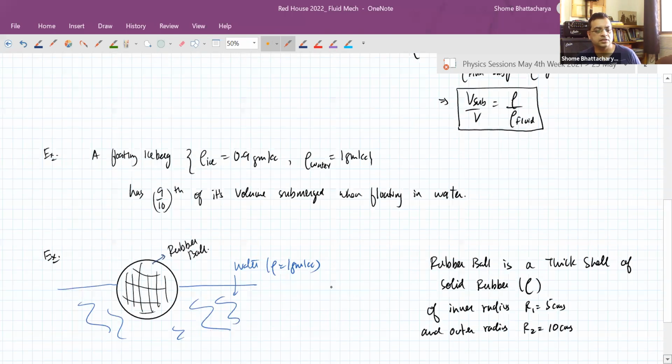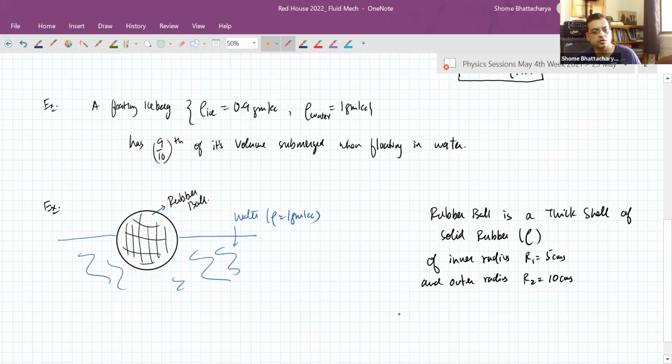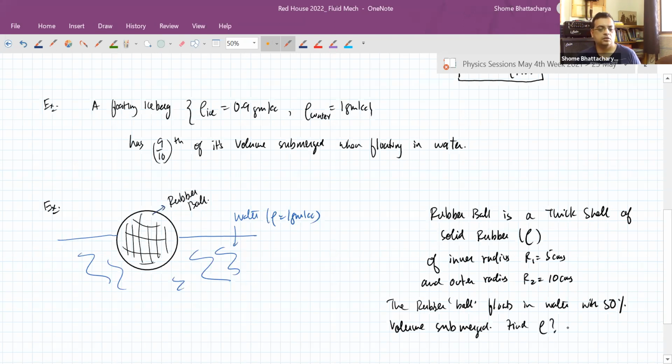So this rubber ball floats with 50% submerged. You want to find the density of rubber from this information.